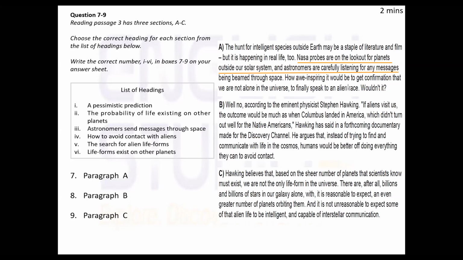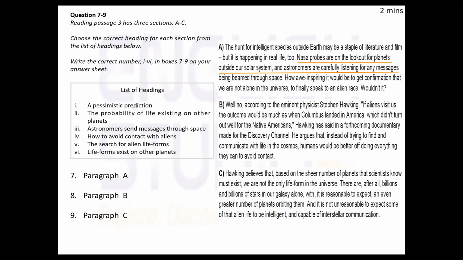Yes. Actually, you already find the correct keywords in the reading passage. Here we have NASA probes are on the lookout for planets outside our solar system. Your answer is life forms exist on other planets, right? But actually, you are omitting the word for this. Look out for planets, and astronomers are carefully listening for any message being beamed through space.